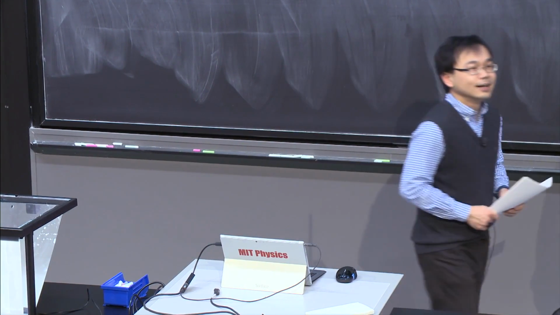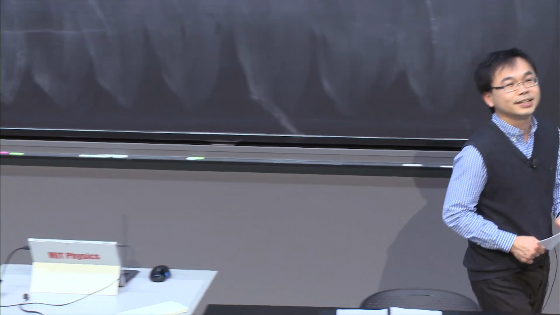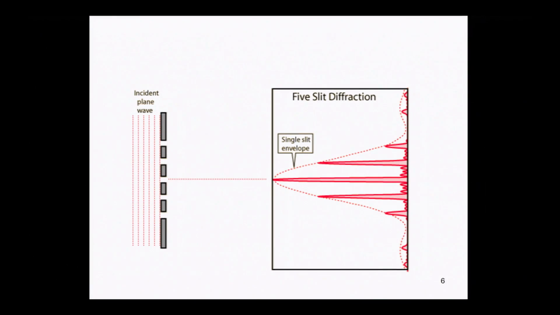And finally, we are able to put together all the things we have learned from the last few lectures. You can have at the same time the effect of multi-slit interference and also the effect of single-slit diffraction. All of them put together give you this complicated but also beautiful pattern, which you will be able to observe on the screen.